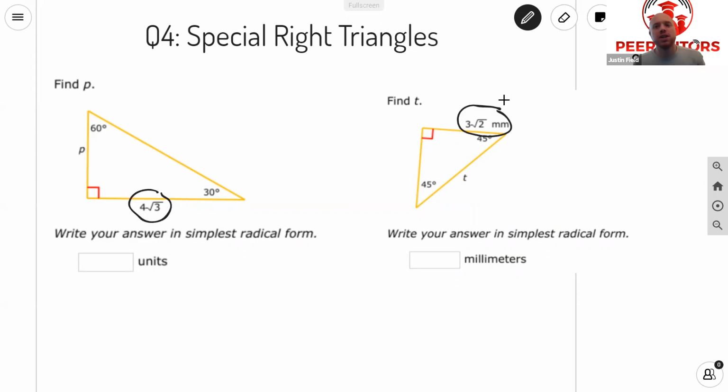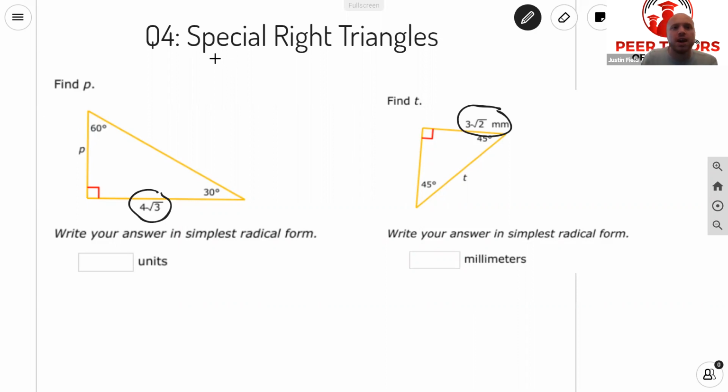In special right triangles, you only need 1 side length, and then you can determine 2 side lengths because of these angles. There's special angles. It doesn't work for any angles, but in special right triangles, you know what? I should take that back. We're going to do trig, and then you'll see it does work for any angle. But there's only 2 special right triangles.